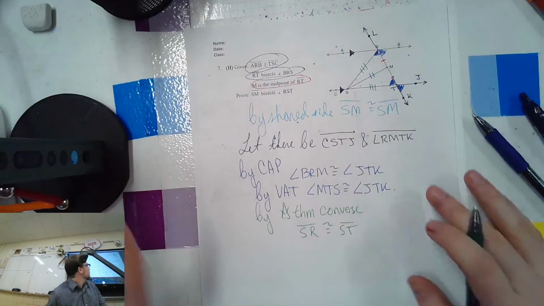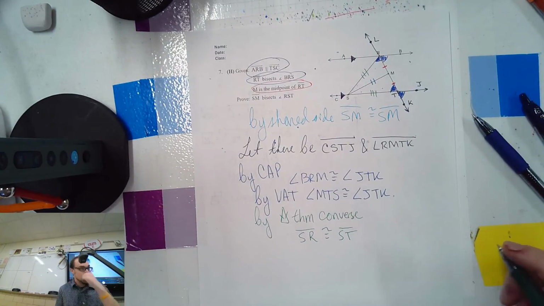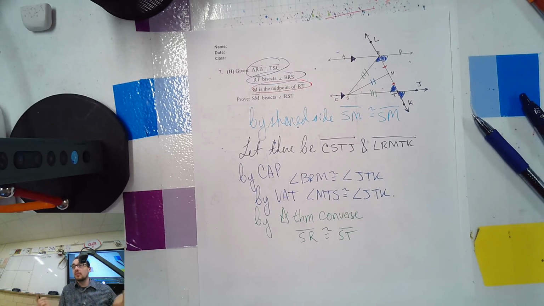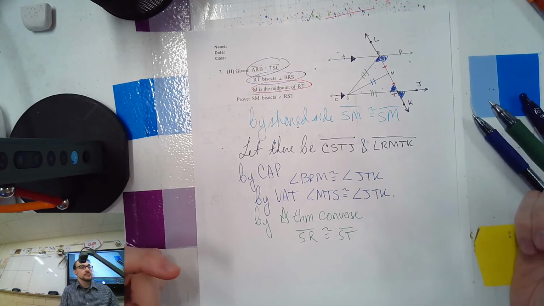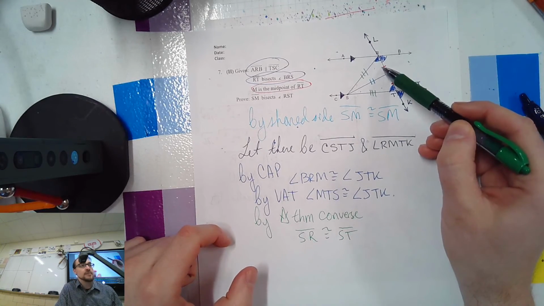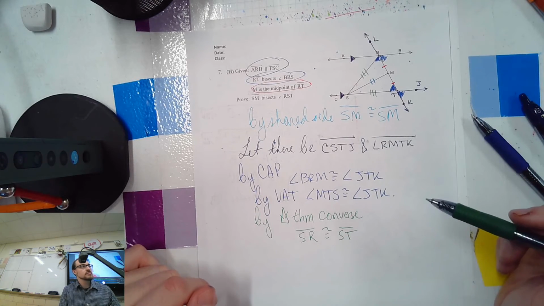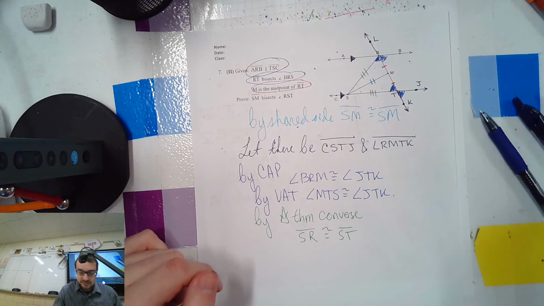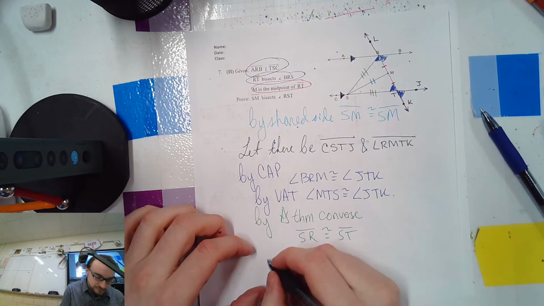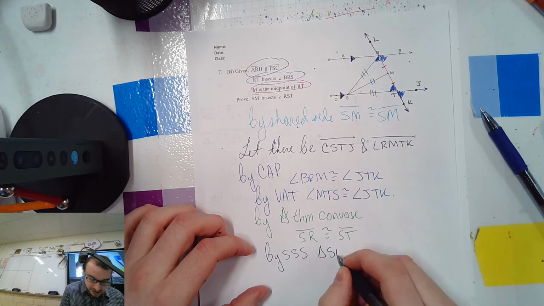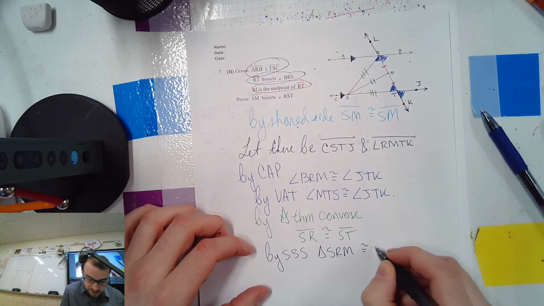So I'm going to zoom out. And now we can say the triangles are congruent. We have a couple ways of doing it. We can do side, side, side, or side, angle, side. I'm going to do side, side, side so we can use Luke's shared side. Respect. By side, side, side, triangle SRM is congruent to triangle STM.